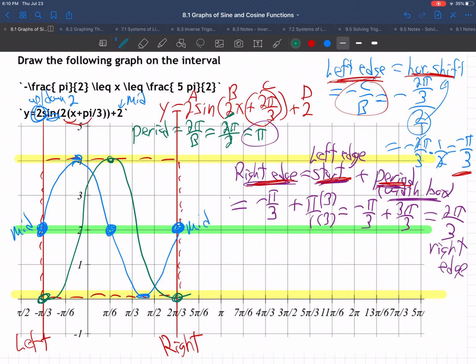Cosine graphs are a U up or a U down, right? But we have a sine graph, so that starts in the middle, ends in the middle, and goes up first because it's positive. If it was a negative sine graph, it would go down first and then up, like that. But it would still start in the middle and end in the middle. Sine graphs always do that. So there we go.